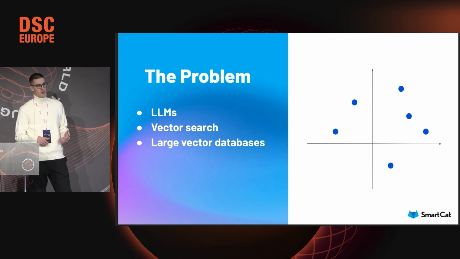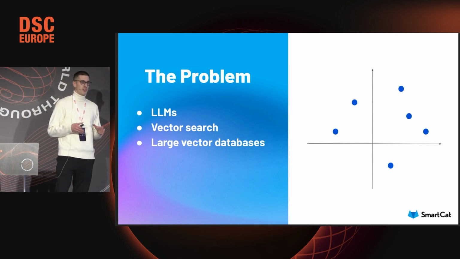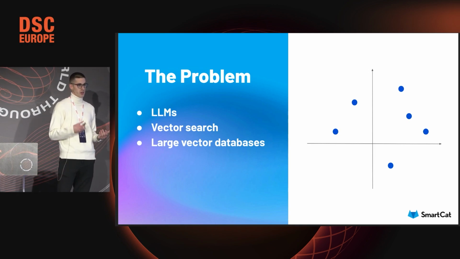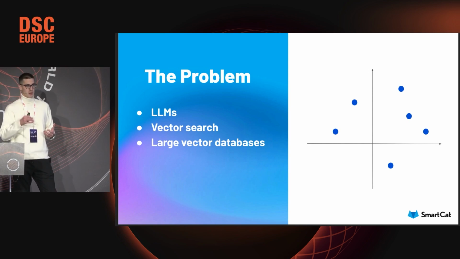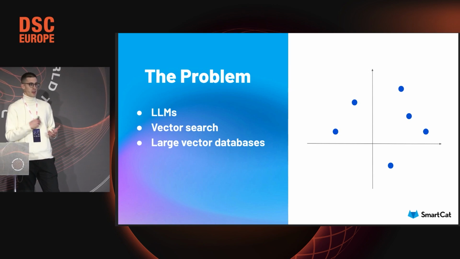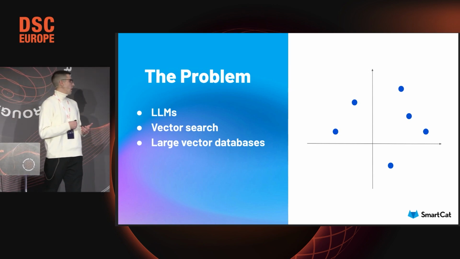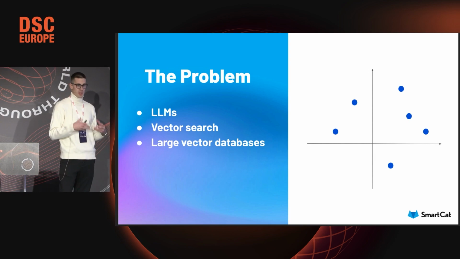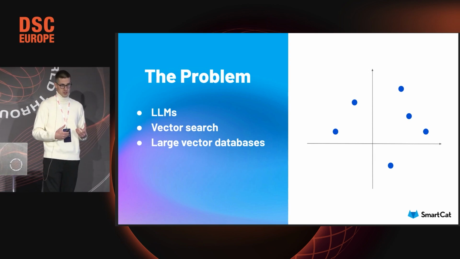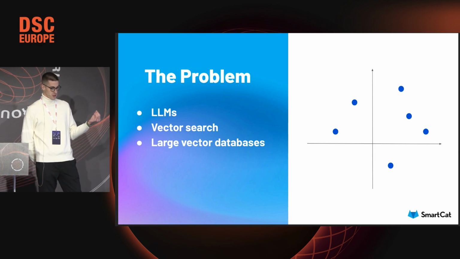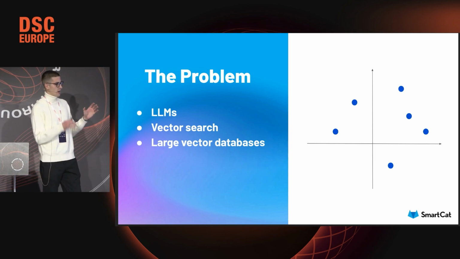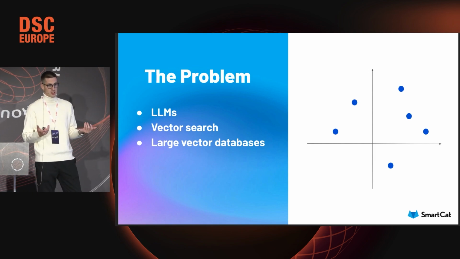If we imagine a case where we've got, let's say, a website serving cooking recipes, an LLM can represent each of our recipes as a vector in an n-dimensional space. And then, when we want to do a semantic search of these recipes, we can also turn the query text into a vector and find the most similar vectors, and that should be recipes that are similar to our search.